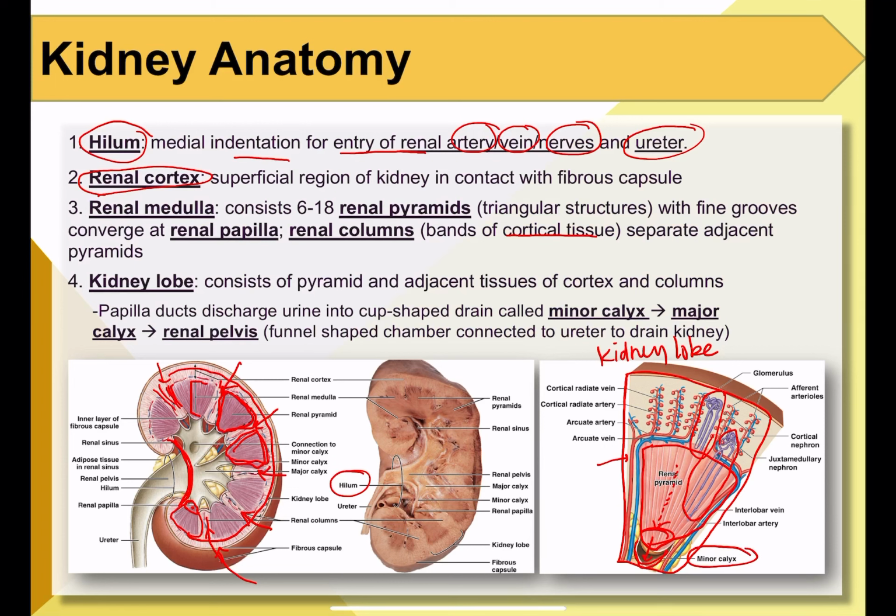So this little thing is kind of like a cup that sits underneath your renal pyramid area to collect any fluid that comes downwards. Okay, and then minor calyx actually then drains into major calyx. Okay, so this area right here is the major calyx.